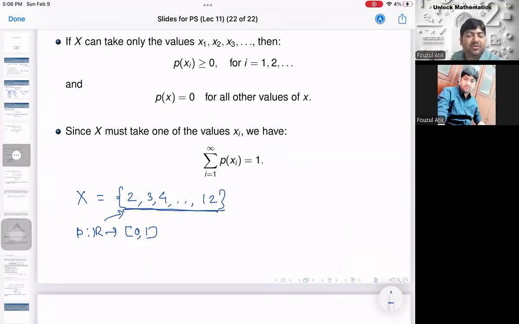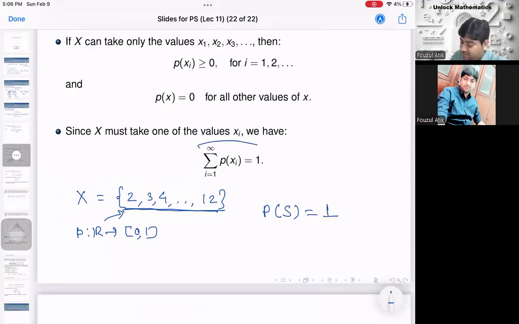We have already discussed this in the previous lecture. If you take their sum, it is actually the probability of the whole sample space, right? And S is equal to the union of x equal to 2, x equal to 3, up to x equal to 12, union x equal to b, where these b's are not here. So if you take their sum, it should give you the value 1.